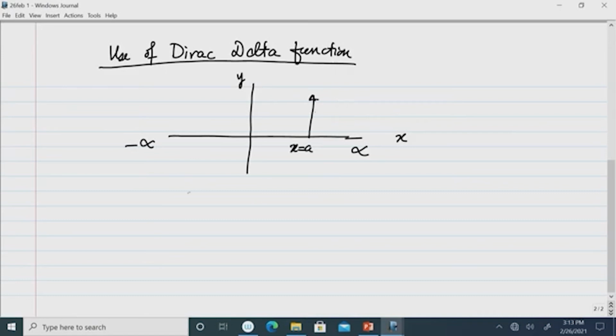That means this type of impulse function can be defined by a Dirac delta function, which is significant here. x minus a is 0 for x not equal to a, but at x equal to a it remains undefined and the magnitude is very high. But restricting this limitation, we will now use this Dirac delta function to represent the concentrated load on the plate.